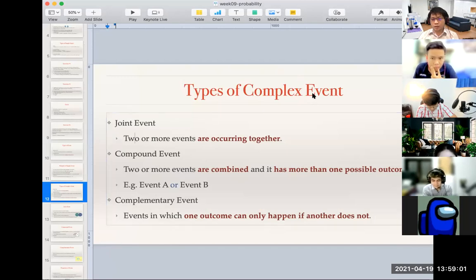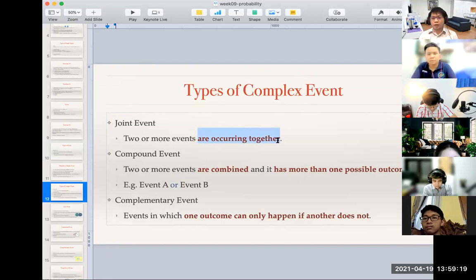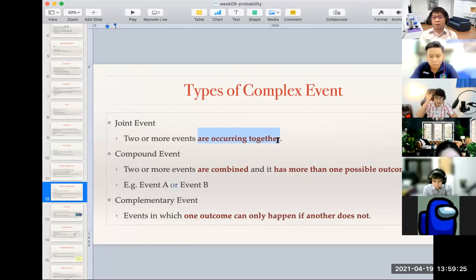Since it's a complex, it should be 2 or more. The distinguishing characteristic for a joint event is that several events are occurring together at the same time. So in other words, let's say event A and event B, and maybe event C and event D. All the requirements are applied at the same time. They apply together.